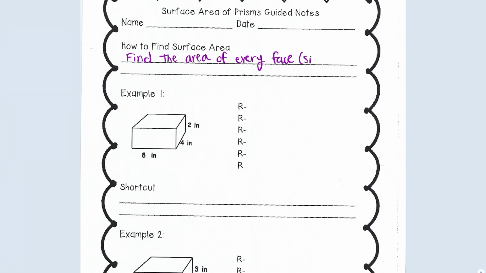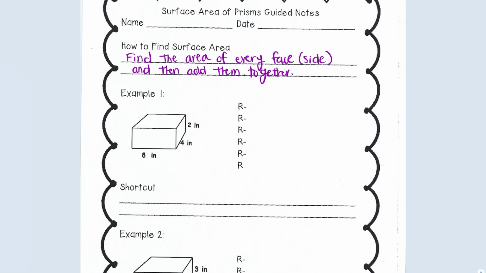And when I say face, I mean each side of a three-dimensional figure. Okay, so find the area of every face and then add them together. And we're going to take a look at what that looks like right now.